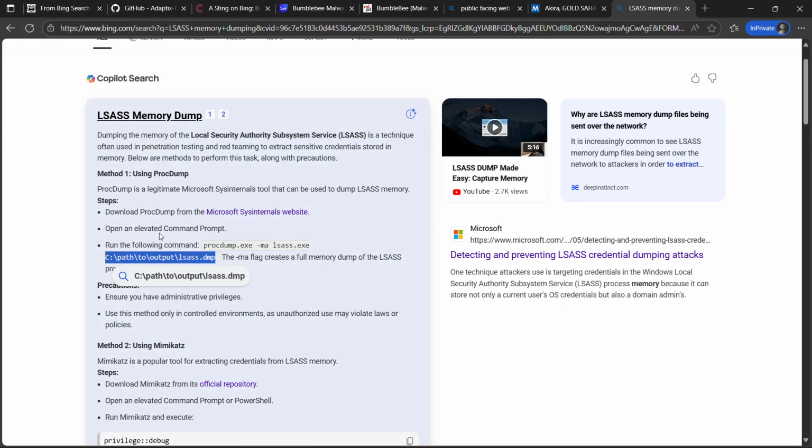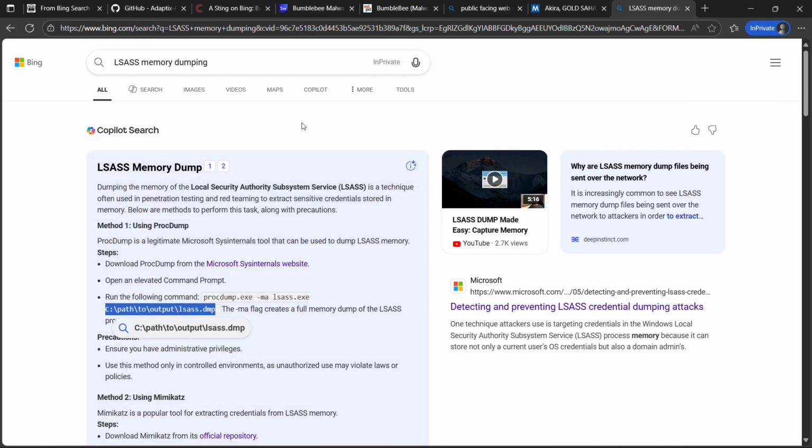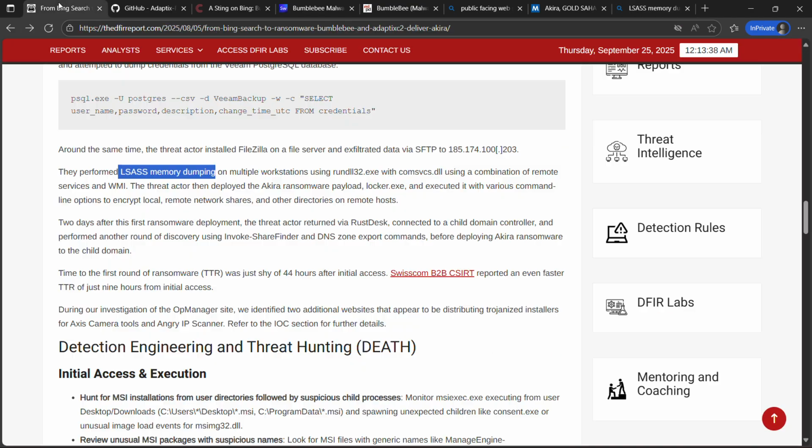What do you use it for? Oh yeah, to extract credentials. Okay. Well, hmm. What are the contents of the memory?